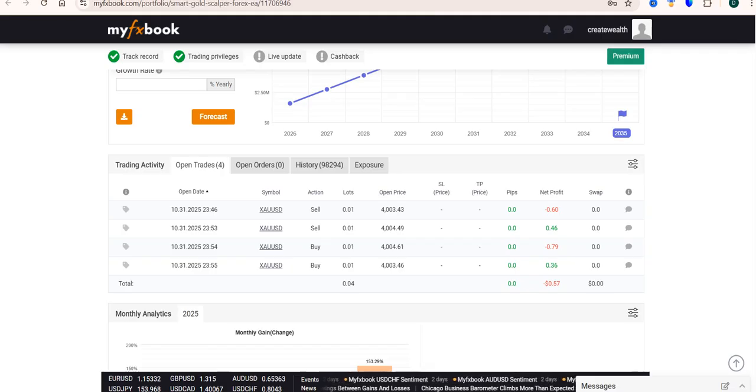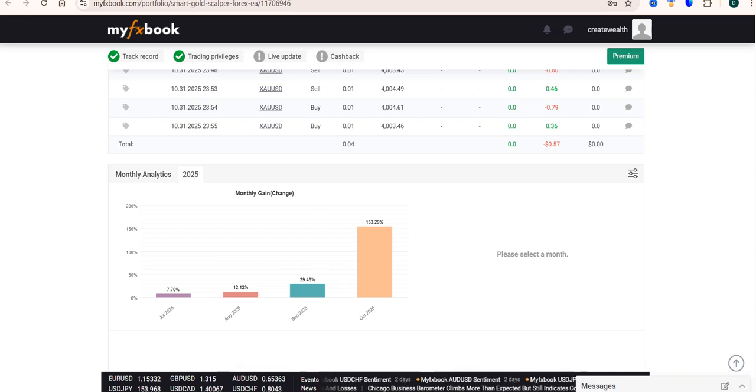So these were the open trades, and this is the month-wise result. In July we started on the 7th of July, we made 7.70. In August we made 12.12, in September it's 29.48, and in October 153.29.